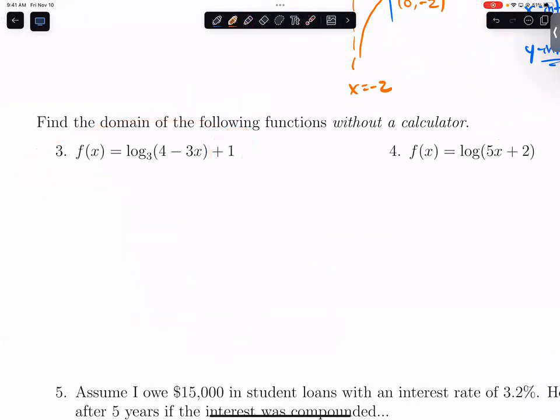No. So ignore this. What do we really need to be looking at? The stuff inside the parentheses, inside the log. And what we need to know about it is where it's positive.